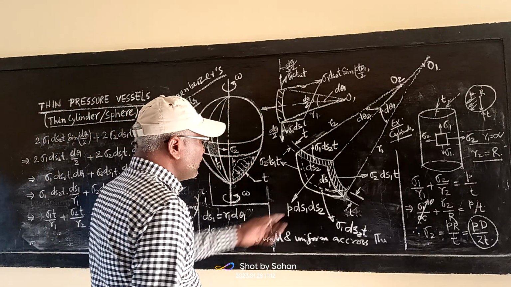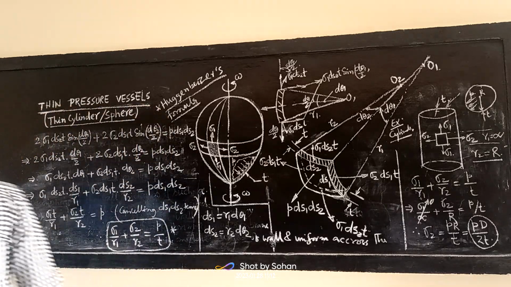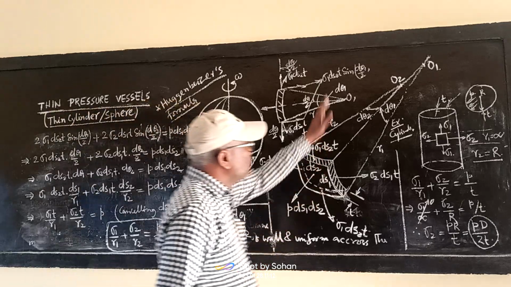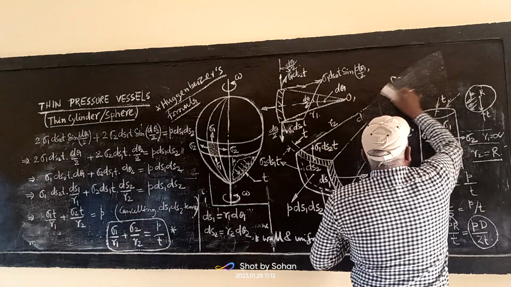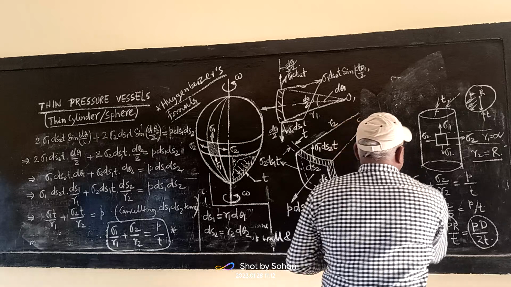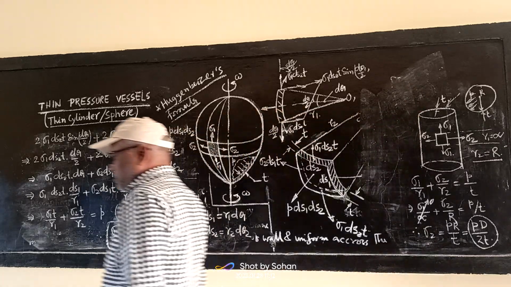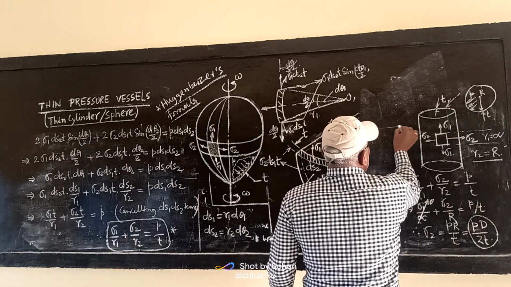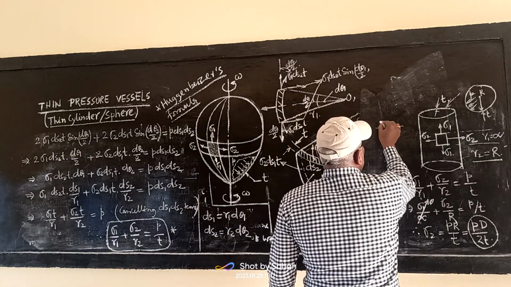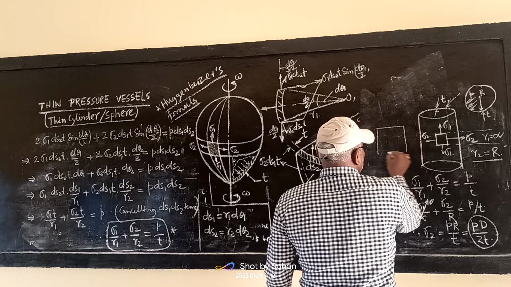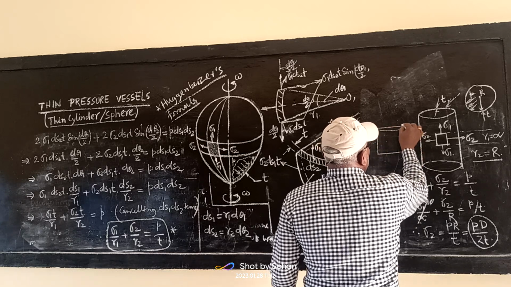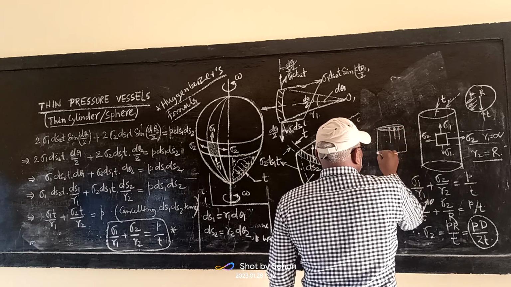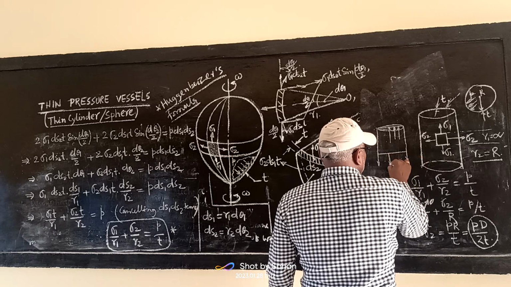Now we will also find out the value of sigma 1. The condition is a closed container, so the pressure will act in this direction and the stresses will act in this direction.